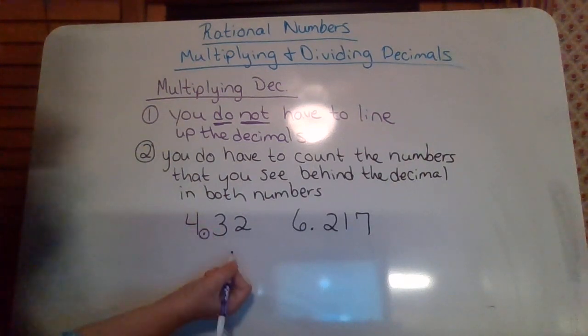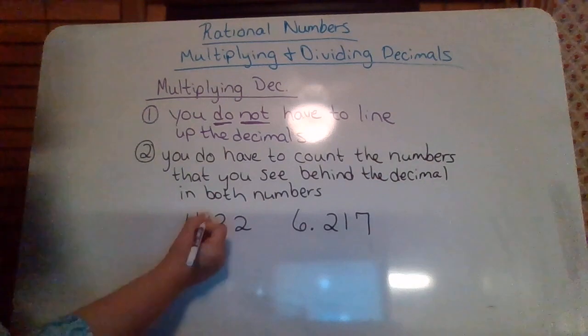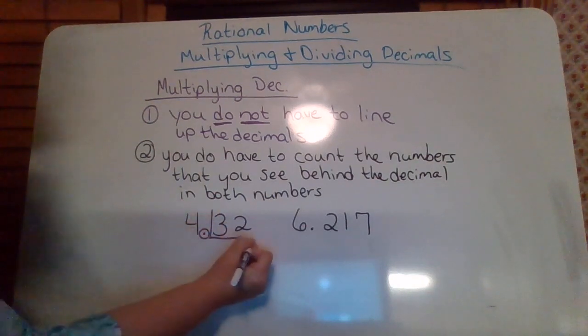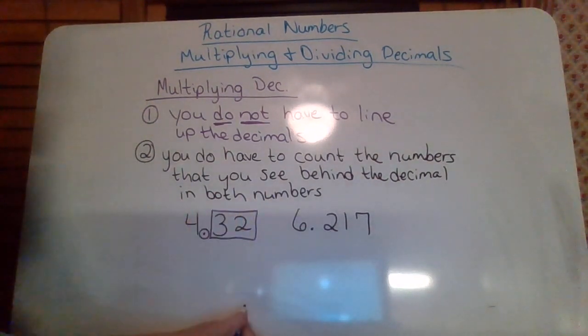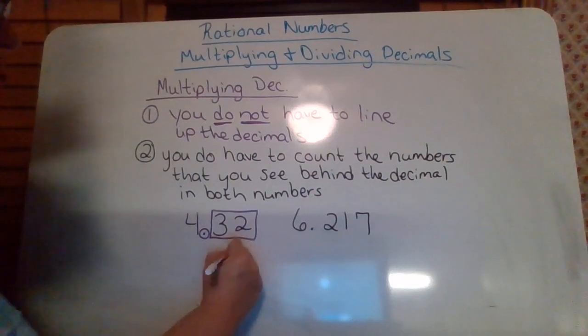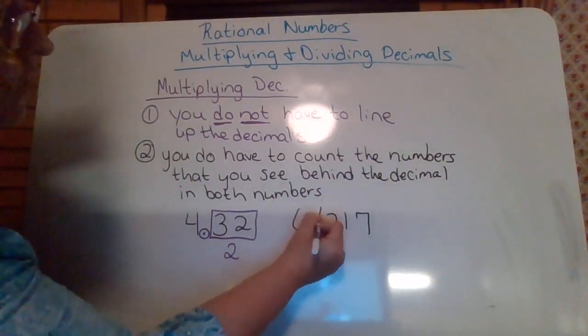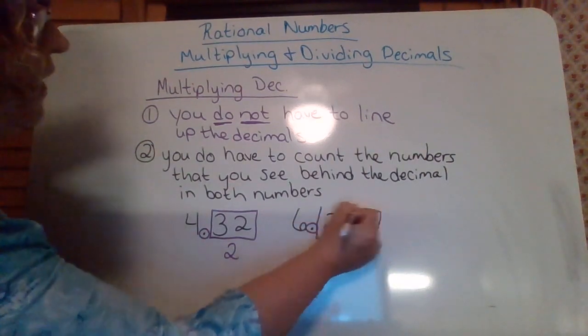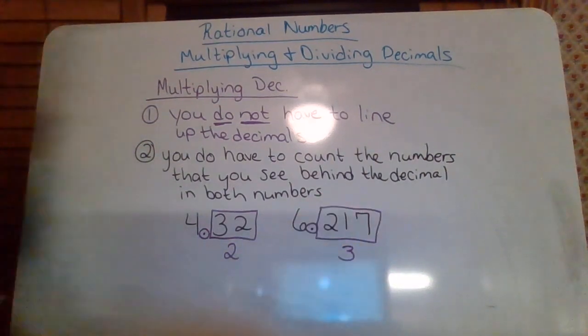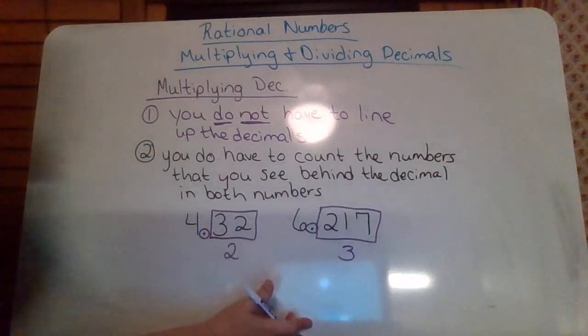What does behind mean? Behind means anything back here. So anything behind the decimal. So you've got 2 here. Here's the decimal here. So anything behind the decimal. So there's 3 there. So those are the ones that we're looking at.